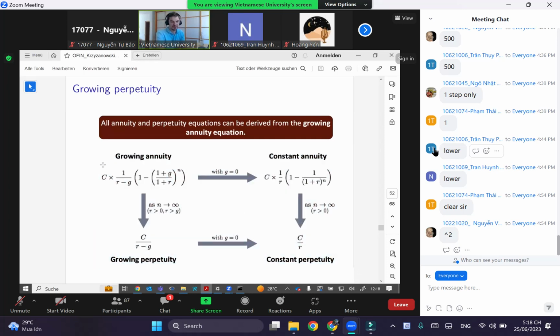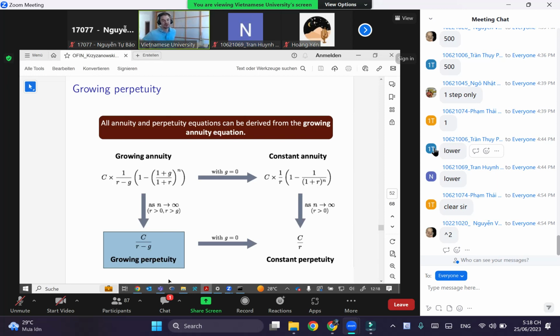Trust me that the constant annuity formula is the one you can find in one of the preceding sheets. The growing annuity formula is the formula I also showed you a second ago. The constant perpetuity formula, you might recall, was C divided by R, simply depicted here. And the growing perpetuity formula, comprising only these 3 components, you might also recall.